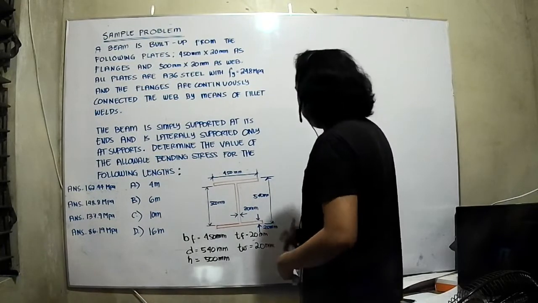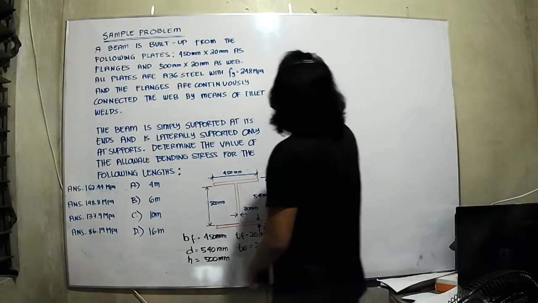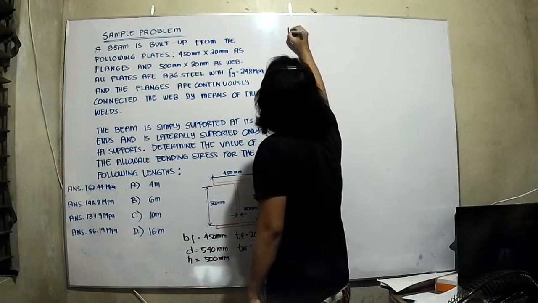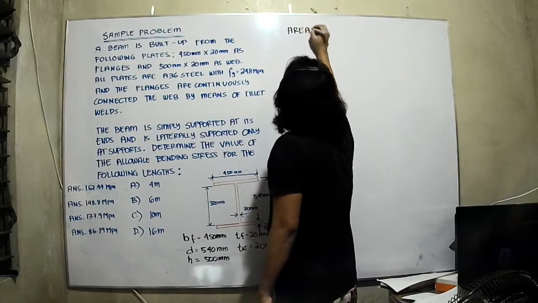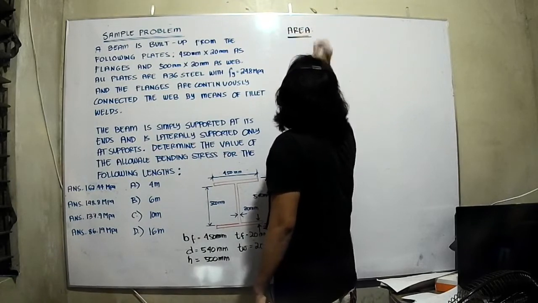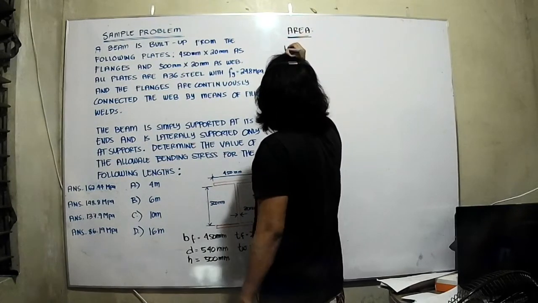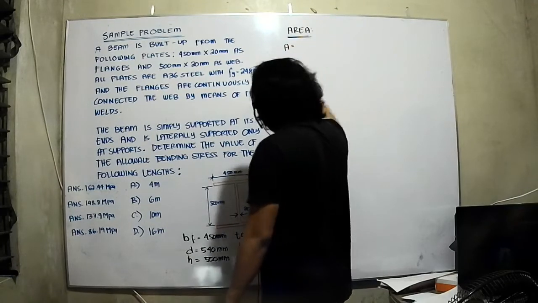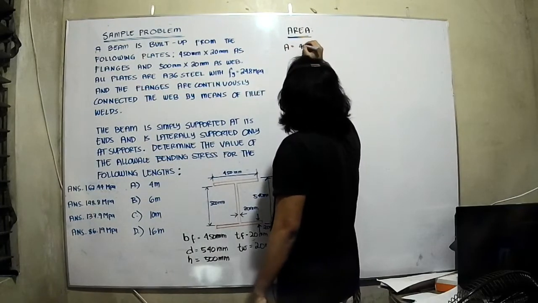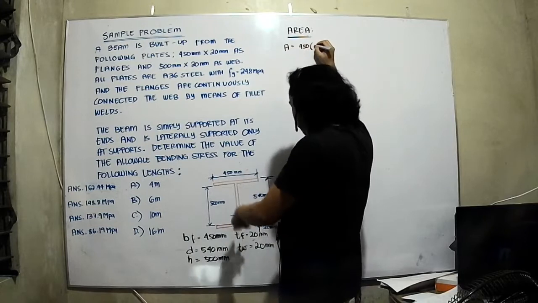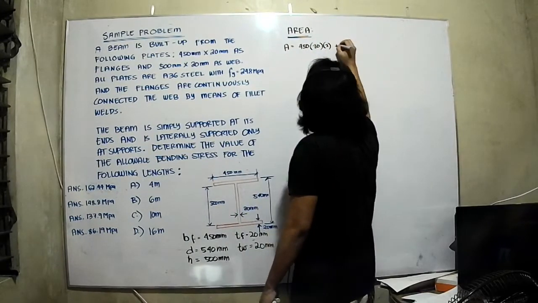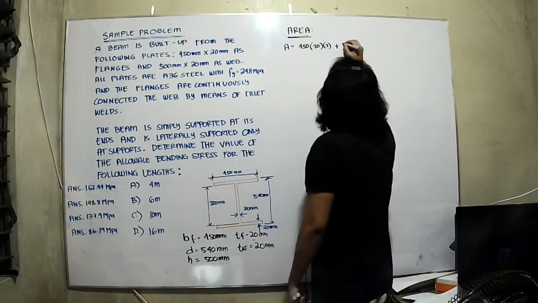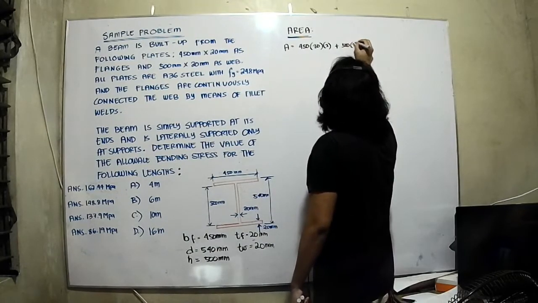Okay. So in this case, solving for inertia or area, the area is equal to 450 times 20 times 2 plus 500 times 20.